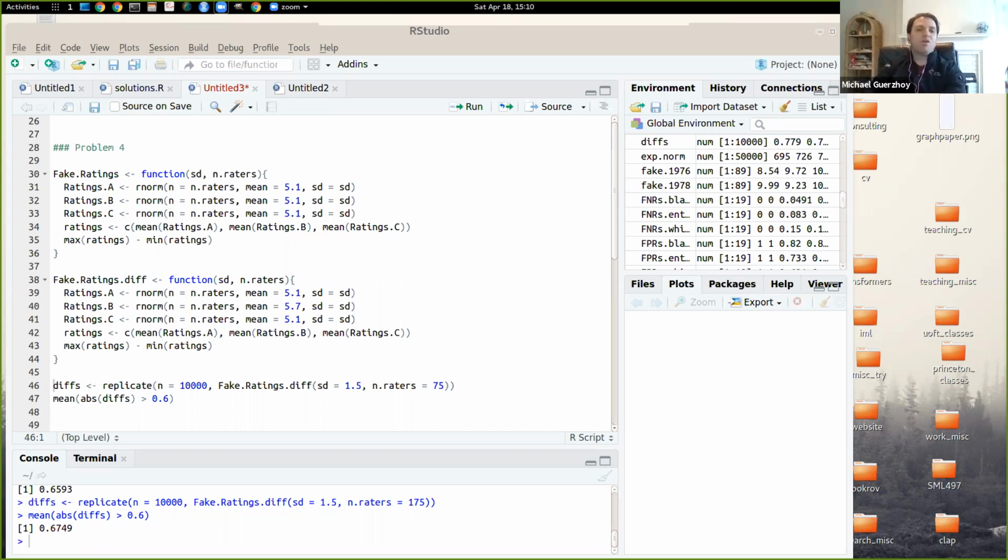The other question is, how often would you get the difference of 0.6? Because if the answer is not very often at all, then it's not useful that you'll be able to reject. So this is saying 67% of the time we will actually get a range of 0.6 or greater, if the true situation is that A and C are 5.1 and B is 5.7. Oh, okay.